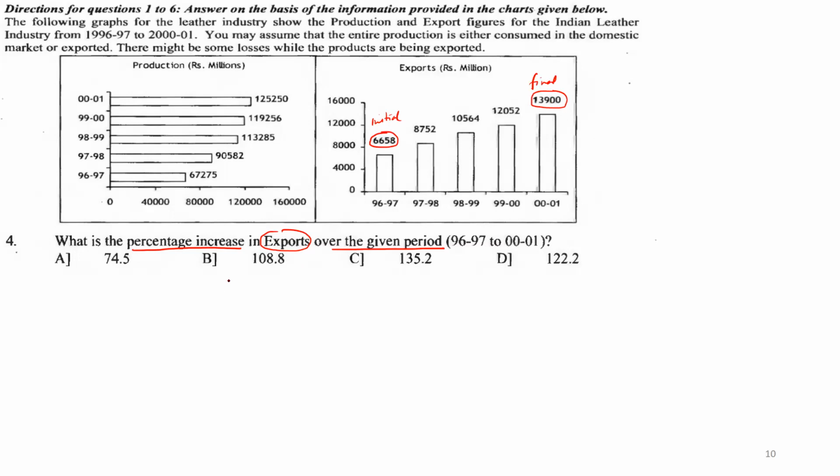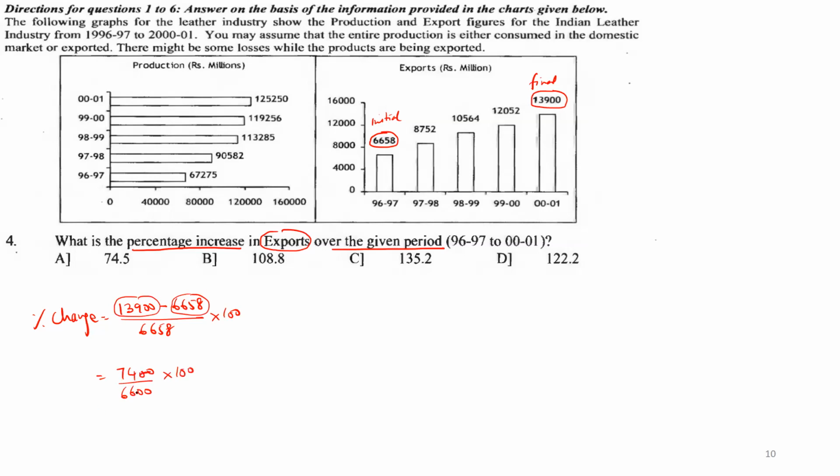Okay. Now there are two ways of approaching this question. One is go by the normal formula, percentage change, and make the calculations. 13,900 minus 6658 upon 6658 into 100. So that means ऊपर ऐसे मानिए अगर ये 14,000 है और ये 6600 है, suppose 14,000 and 6600, so you get 7,400 upon 6,600 into 100.